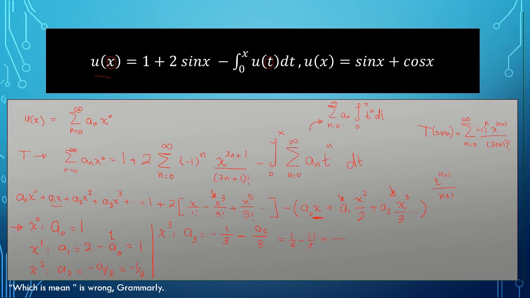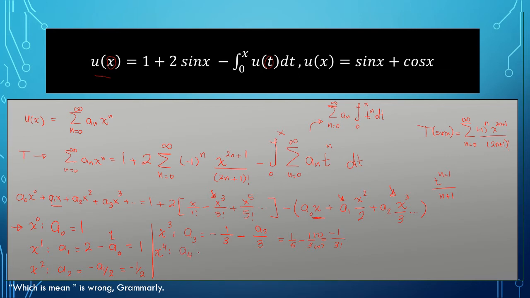If we multiply it here by 2 and 2, we will get minus 1 over 3 factorial. Okay, what about the coefficients of x raised to 4?